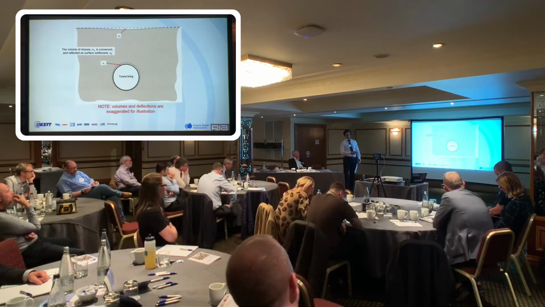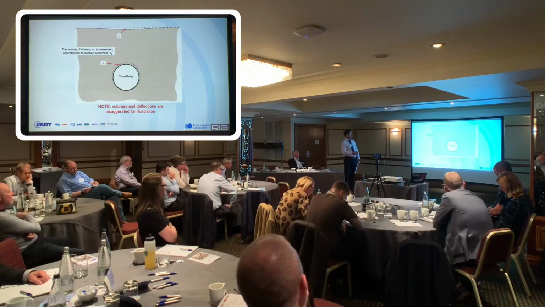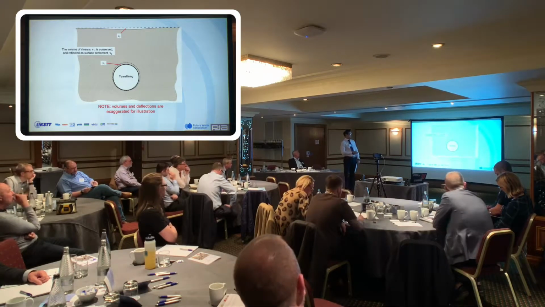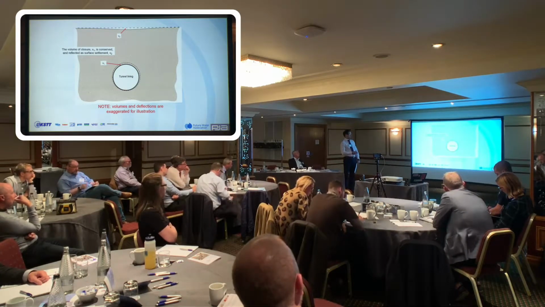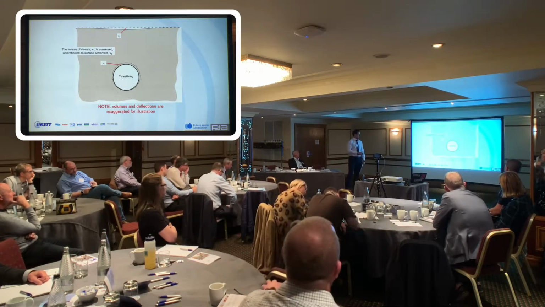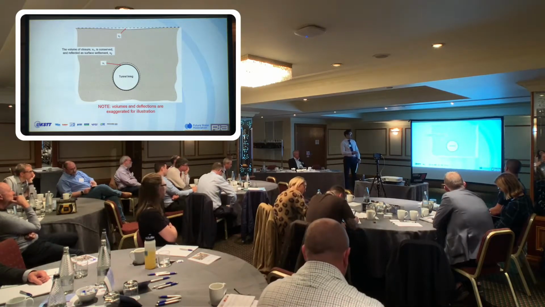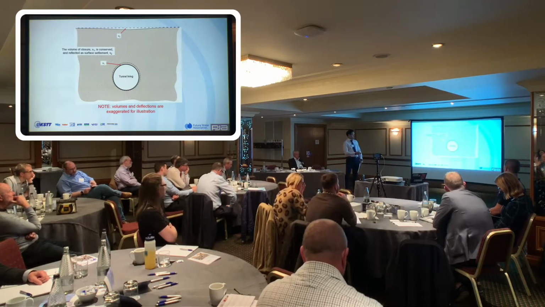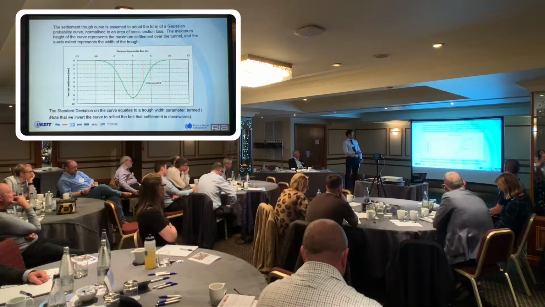The deeper you are, I see Jim touched on that earlier, you have an arching scenario where effectively you're only really going to affect a certain distance above the tunnel crown itself. Again, these are exaggerated so you can actually see them. We're talking millimetres, so not as excessive as those shown there.